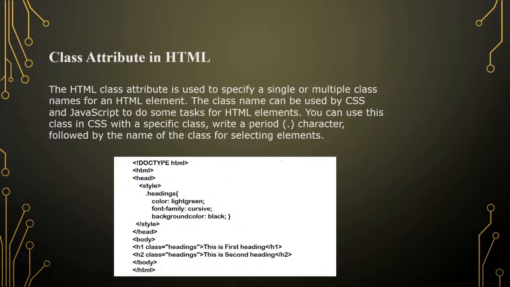The class name can be used by CSS and JavaScript to do some task for HTML element. You can use this class in CSS with a specific class period. We write a period dot character followed by the name of class for the selecting element.